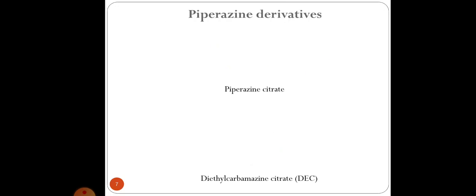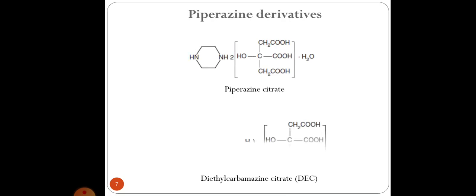Coming to the next class, piperazine derivatives. Examples include piperazine citrate, diethylcarbamazine citrate, which is also known in short form as DEC. This is the structure for piperazine citrate, and this is the structure for diethylcarbamazine citrate, that is DEC.